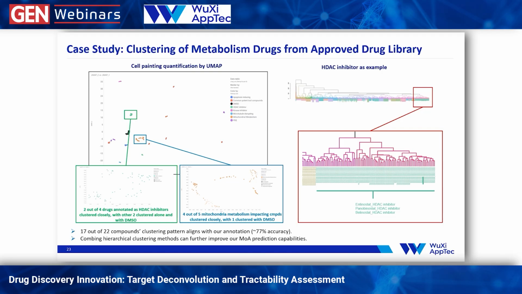In our experiments, for 17 out of 22 compounds, the clustering patterns aligned with our annotations, which means we knew their pathways before the experiment. We predicted they should cluster together, and after the whole experiment, by directly using the phenotypic images, we can see these compounds get clustered together.